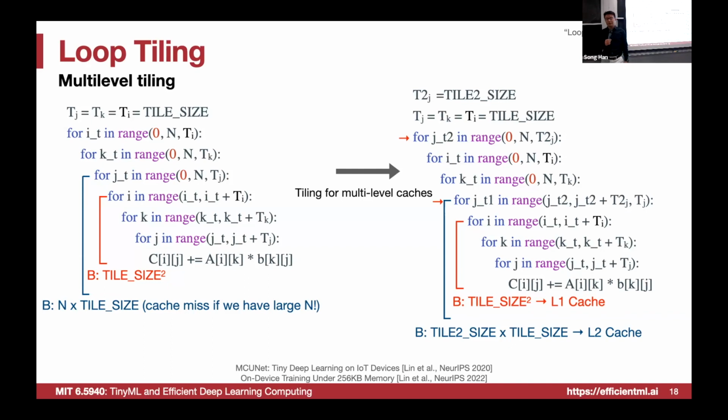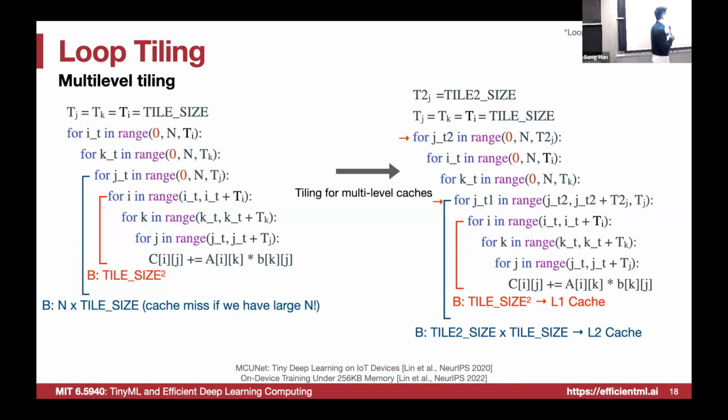In several scenarios, if we have multi-level cache, we also need multi-level tiling to support the multiple levels of caches. So here we have 6 for loops, and we can further tile the second level, starting with J. The original memory footprint seen from this for loop is tile size squared, but one more becomes B times tile size.